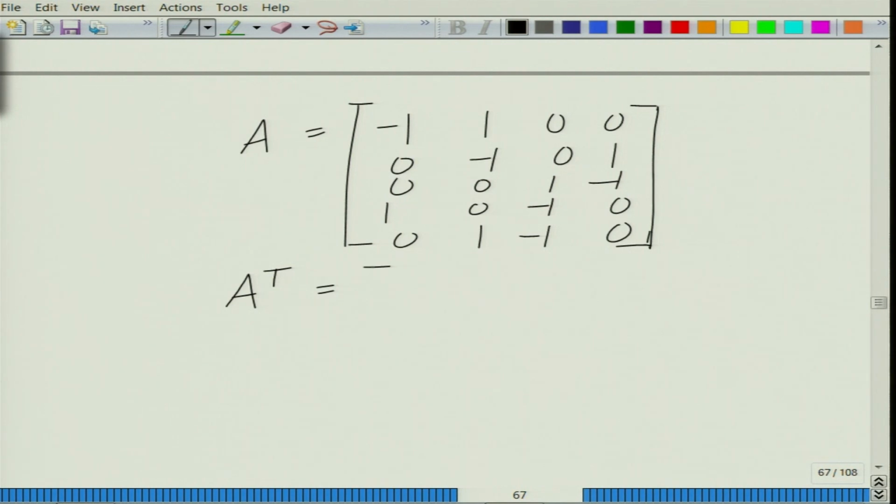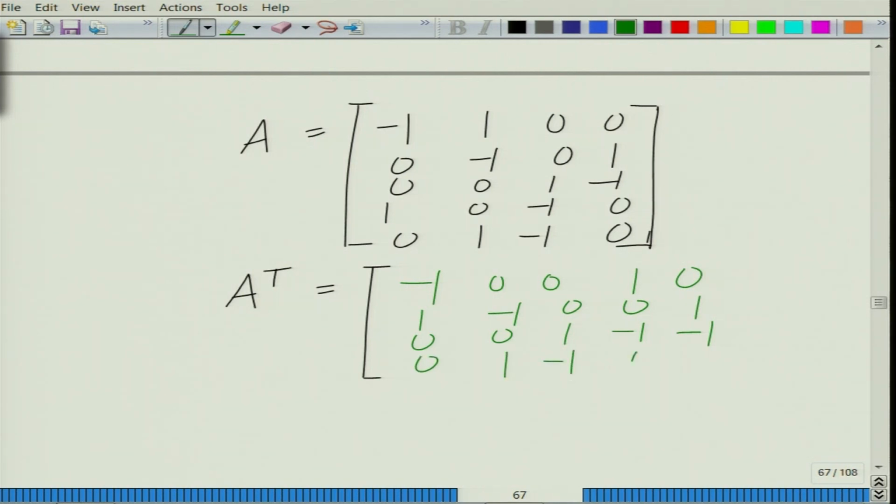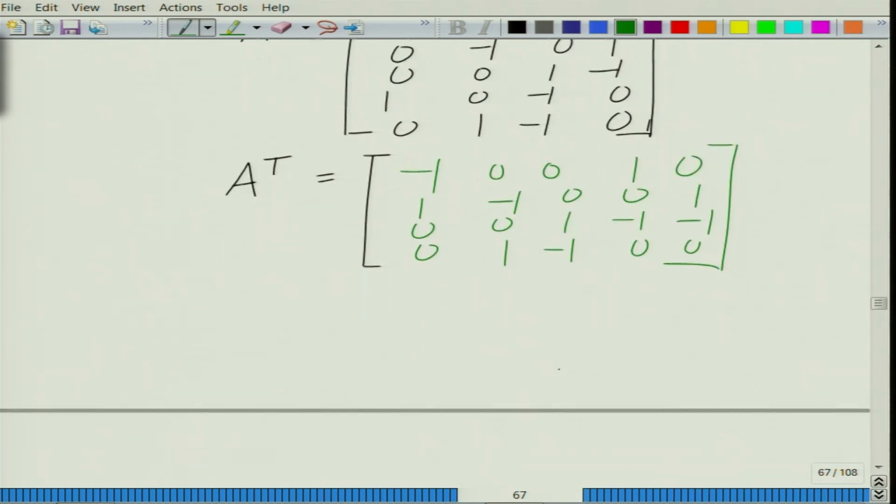A transpose equals minus 1 0 0 1 0, minus 1 0 0 1 0, 1 minus 1 0 0 1, 0 0 1 minus 1 minus 1, and finally 0 1 minus 1 0 0, 1 minus 1 0 0. Now, this is the null space of A transpose.